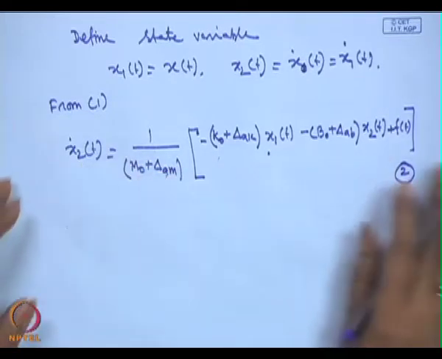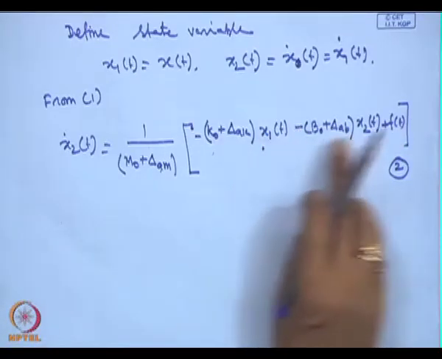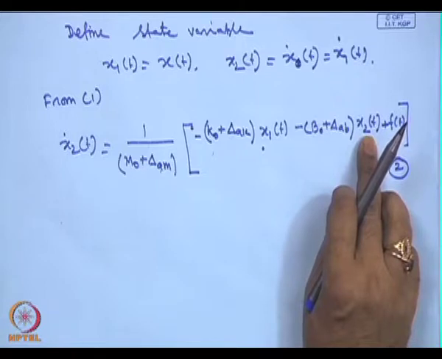One can easily draw the block diagram of this, keeping in mind that x t is your forcing function, that input, and x 1 is the position of the mass, x 2 is the x 1 dot or x dot, the velocity of the mass.